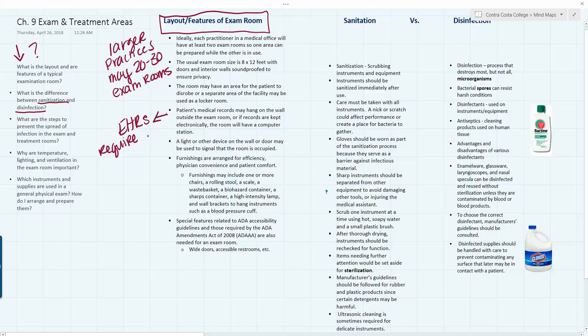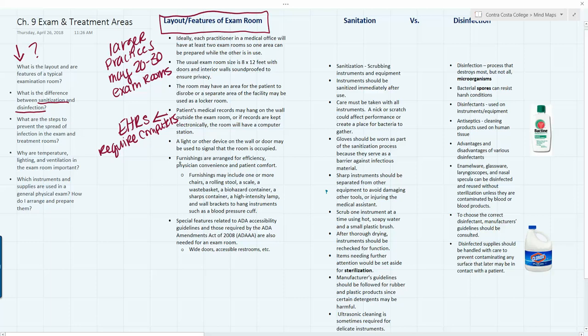Paper charts are quickly becoming a thing of the past, and computers have taken their place because of this EHR mandate. EHRs require computers.